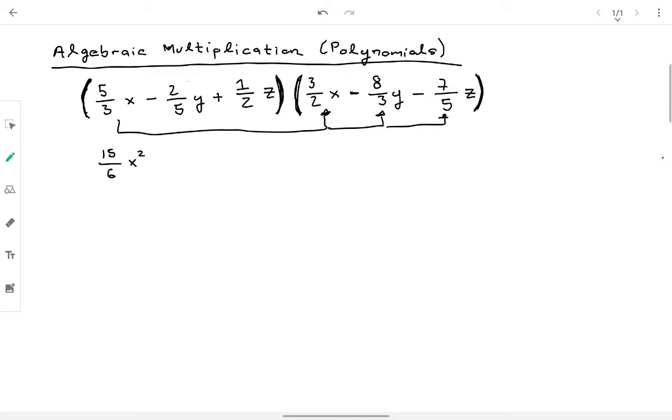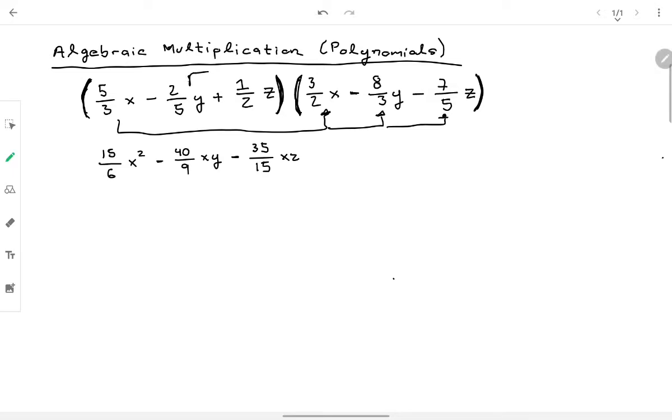So the second one is going to be minus 8 times 5, it's 40 ninths of xy, minus 35 15ths of xc.